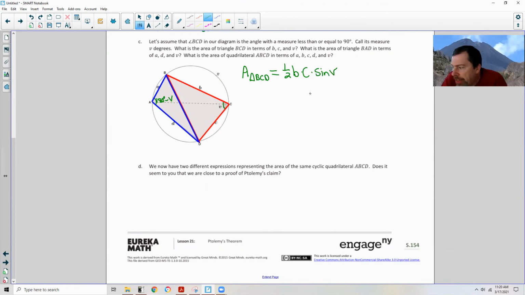So the area of triangle BCD is 1/2 BC sine V, and the area of triangle BAD is 1/2 A times D times the sine of 180 minus V.